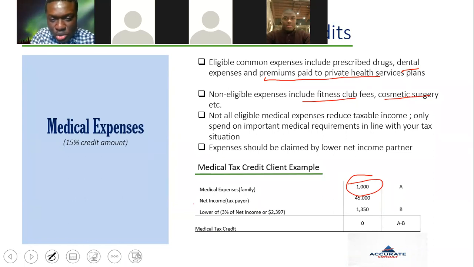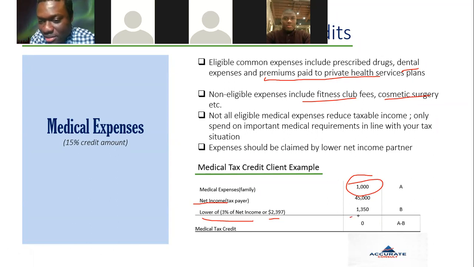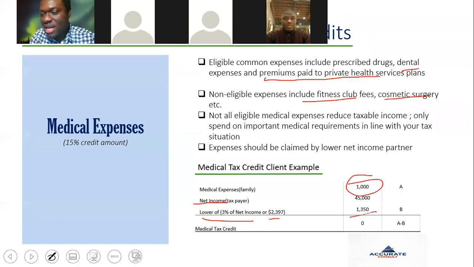net income. So what CRA looks at is the lower of your net income, 3% of your net income, or this amount. So what they are saying is that if 3% of the net income is more than what you spent, for example, 3% of this person's net income is this amount, and he spent $1,000. So what they will do is that $1,000 minus 1,350 is what?